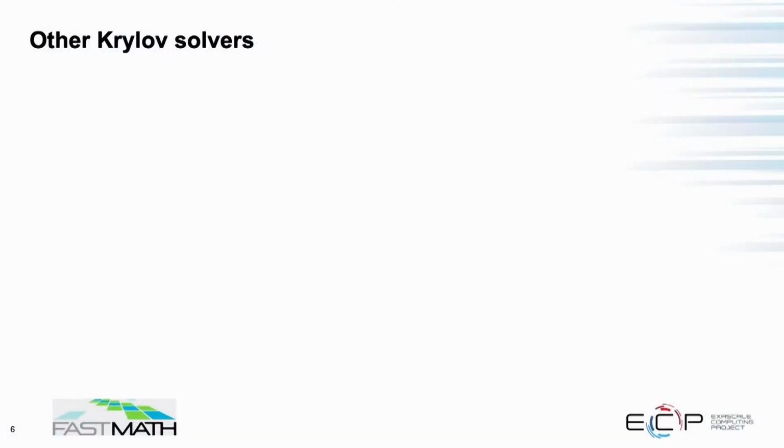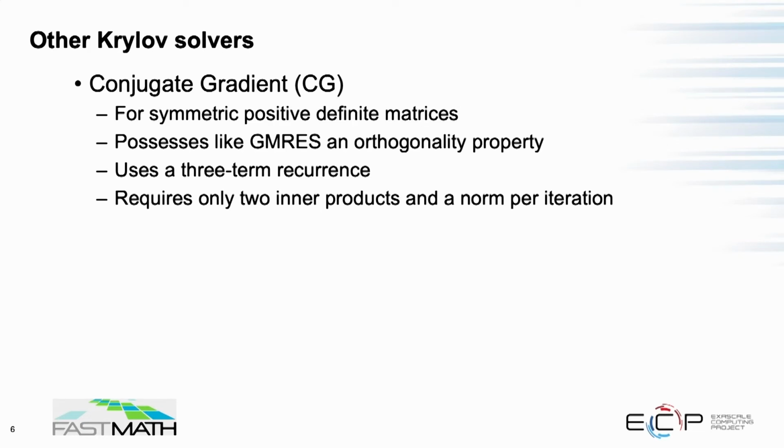All right, so there are several other options for Krylov solvers, so I'm going to mention a couple more. If we have a symmetric positive definite system, we can use the conjugate gradient method. Similar to GMRES, it's going to orthogonalize, using a slightly different norm.